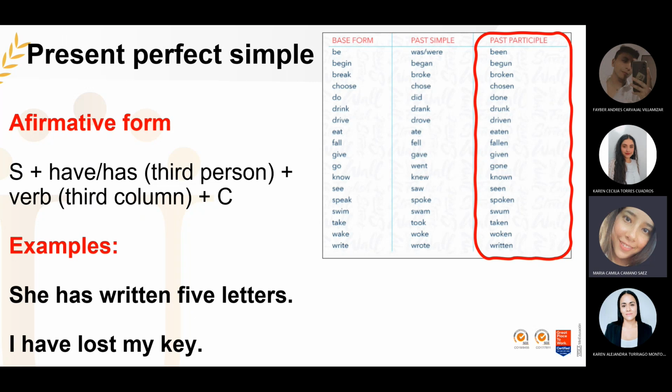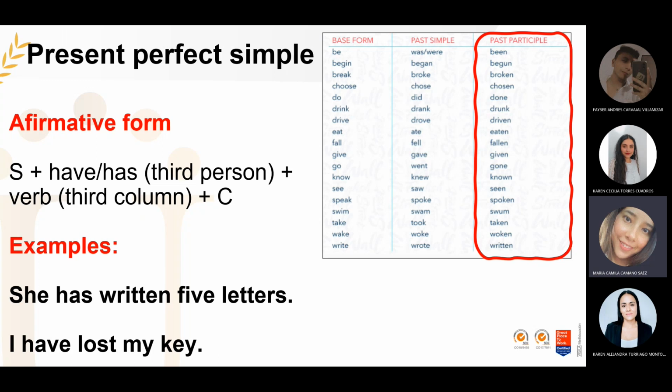It doesn't change. So in these cases, we have to focus on the context, okay? Because if we are using have or has, and the verb after that, you can identify that we are talking about present perfect simple. But I think that you know this kind of verbs, right?